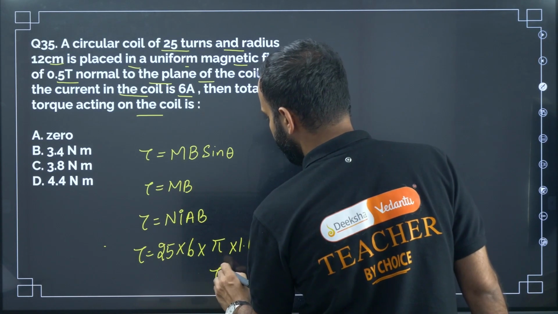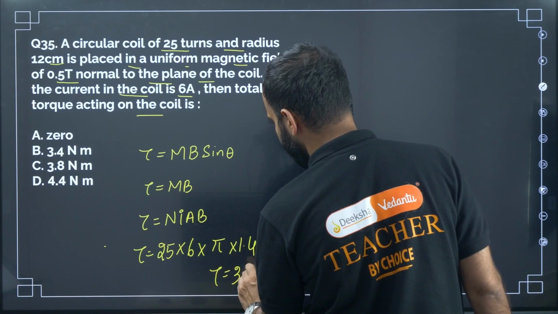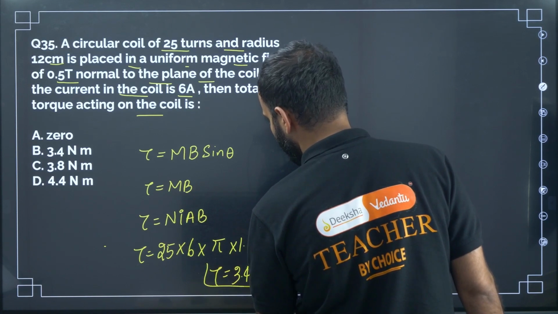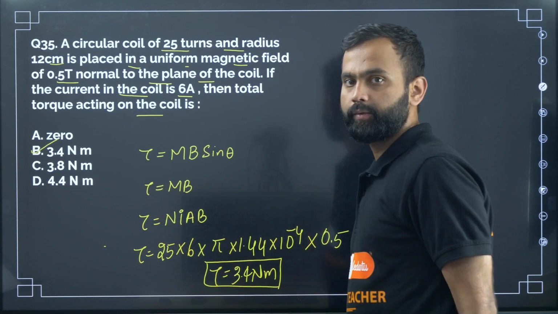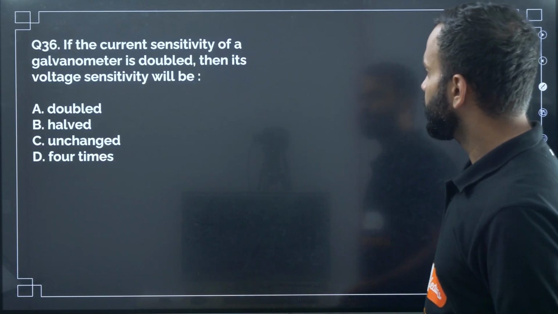Now solve this, you will get 3.4 Newton meter. So the correct option is D.